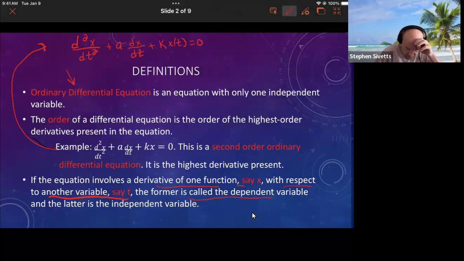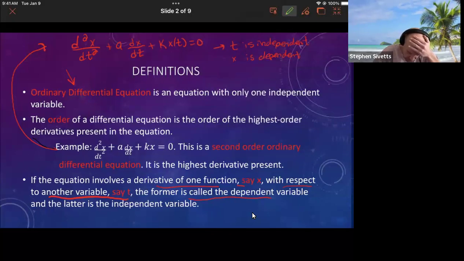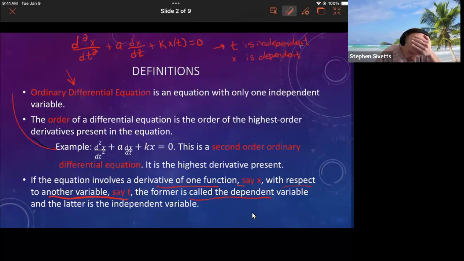So t is the independent variable, and then x is the dependent variable.